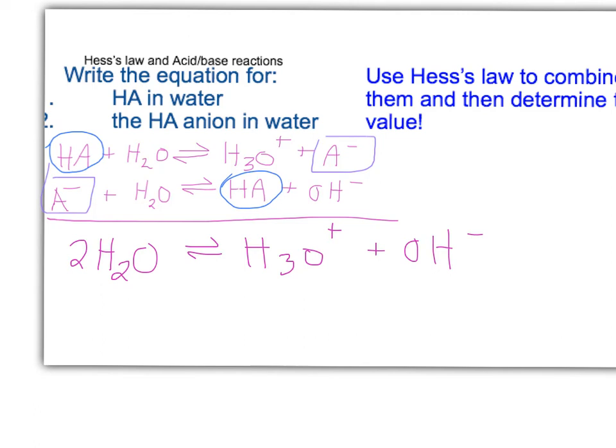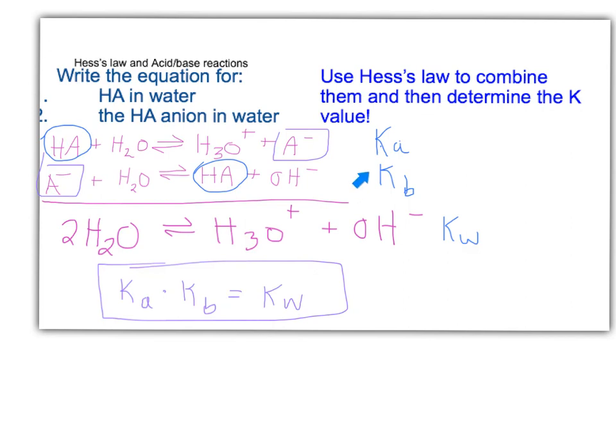All right. Now recall for Hess's law and equilibrium constants, if you know any K values, when you add two reactions together, you multiply their equilibrium constants.